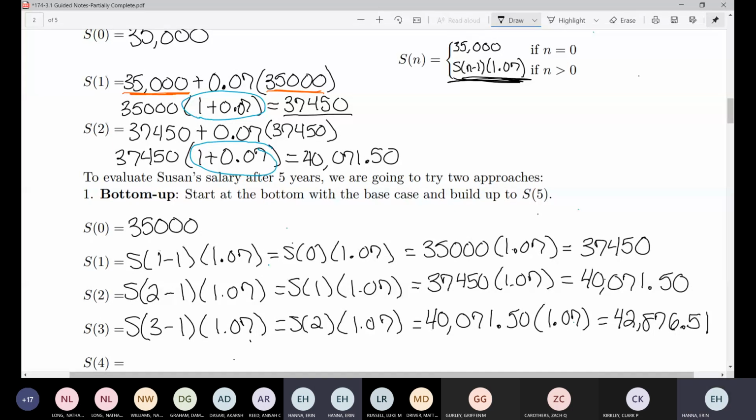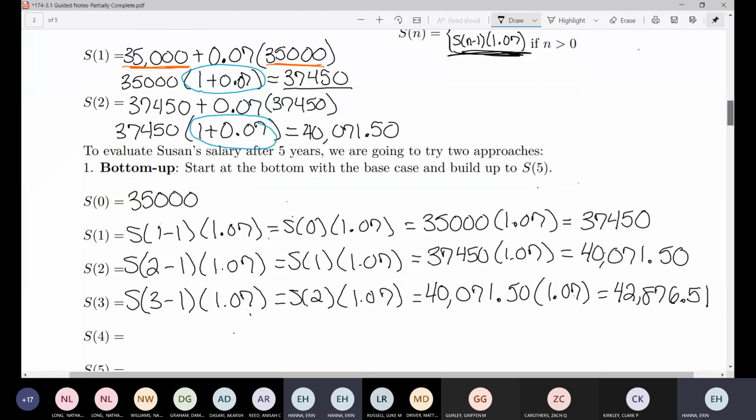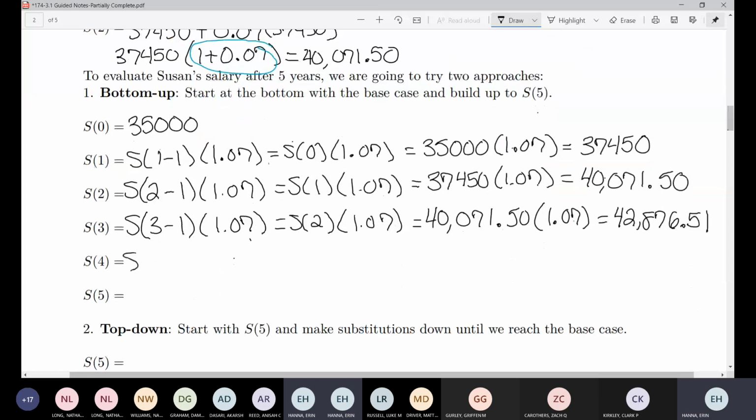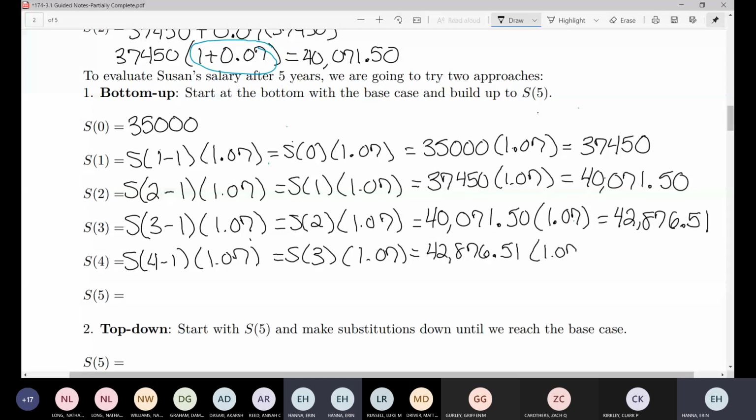You can see how these are going to slowly get very tedious very fast. And we got two more. S of 4 minus 1 times 1.07. So S of 3 times 1.07. So that 42,000 blah, blah, blah, times 1.07.